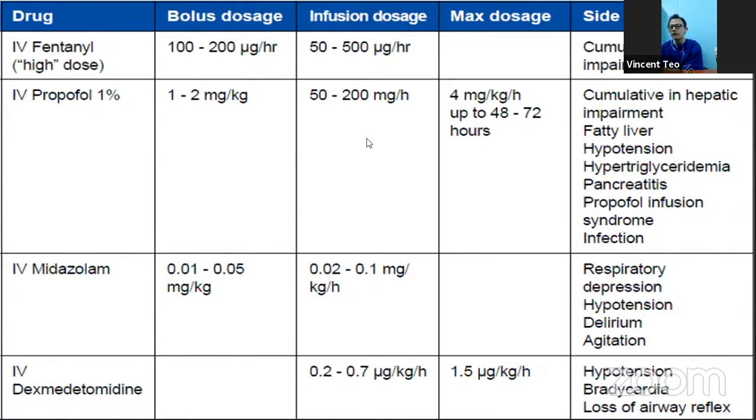Whereas for Precedex, it is noted that it causes a great amount of bradycardia as well. So in patients who are bradycardic, you might want to use it with caution.